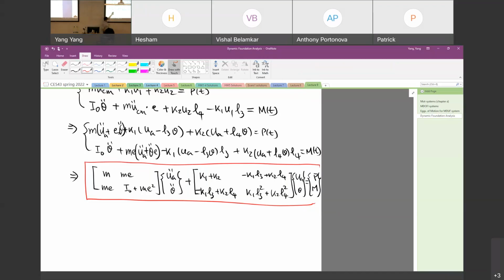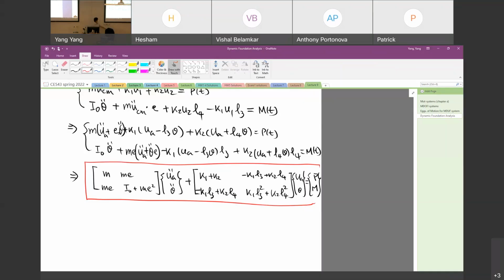The mass matrix actually is symmetric about the diagonal direction. The two elements for the mass matrix on the top right and the bottom left should be equal to each other.